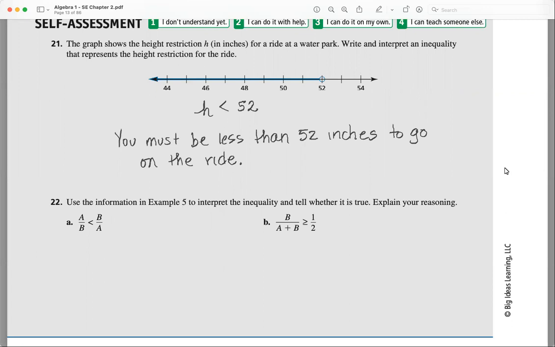Try that again. Okay, so then we are going to check whether that is true or not. So 8 divided by 4 less than 4 divided by 8. That is 2 less than 1/2. And that is not true.